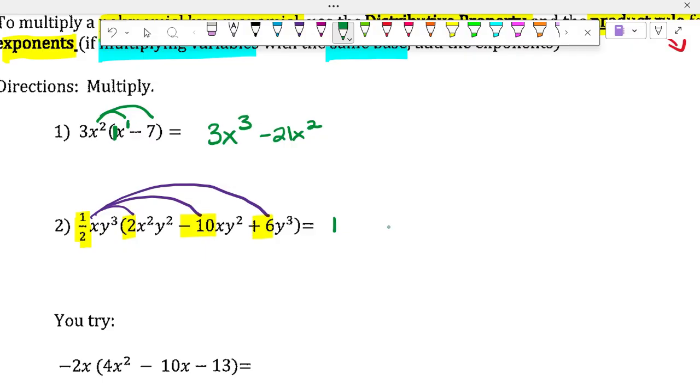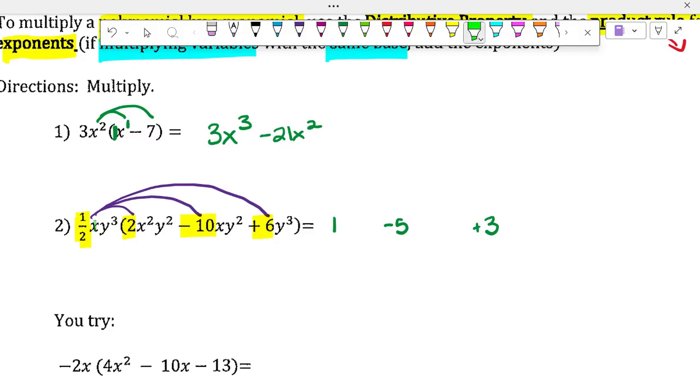I'm going to leave a little space. What's 1/2 times negative 10? Negative 5. What's 1/2 times 6? Plus 3. All right, so I left some space because now we've got to do the variables.